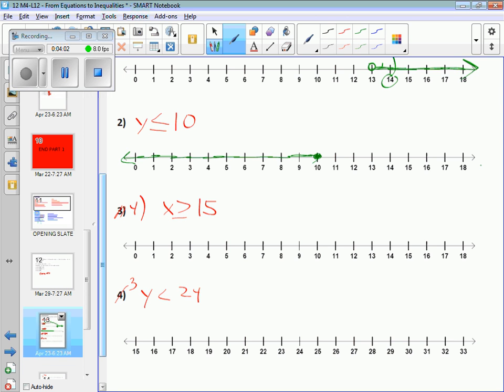Some kids like to say, if I see an underline here, I know I got to shade my circle. If there's no underline, then keep it open. But somehow you've got to connect the two together. Because it's not a difficult concept. It's just remembering what gets closed and what doesn't.